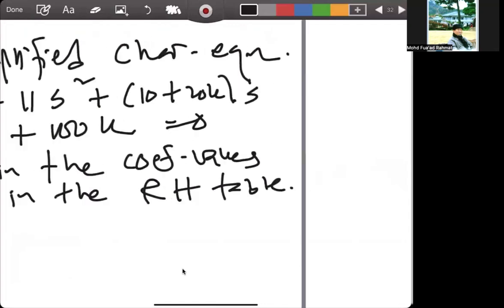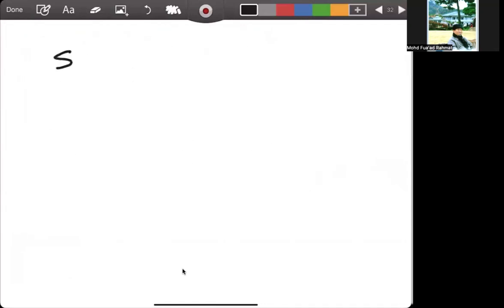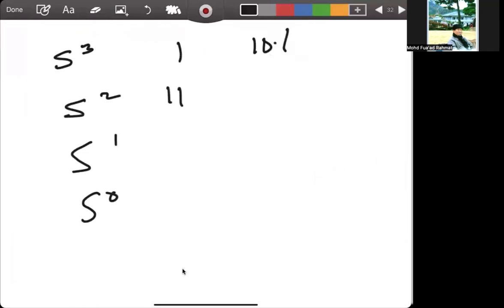So we open the Routh table, which is 1, 11, K, 100K, 0, 0.